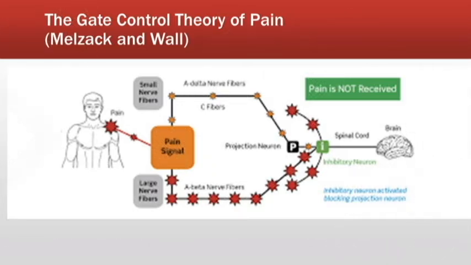This may reflect the individual's behavioral state. So, for example, attention, focus on the source of the pain, emotional state, anxiety, fear, depression, and previous experiences or self-efficacy. I've experienced this pain before, and I know that it will go away, in terms of dealing with the pain.